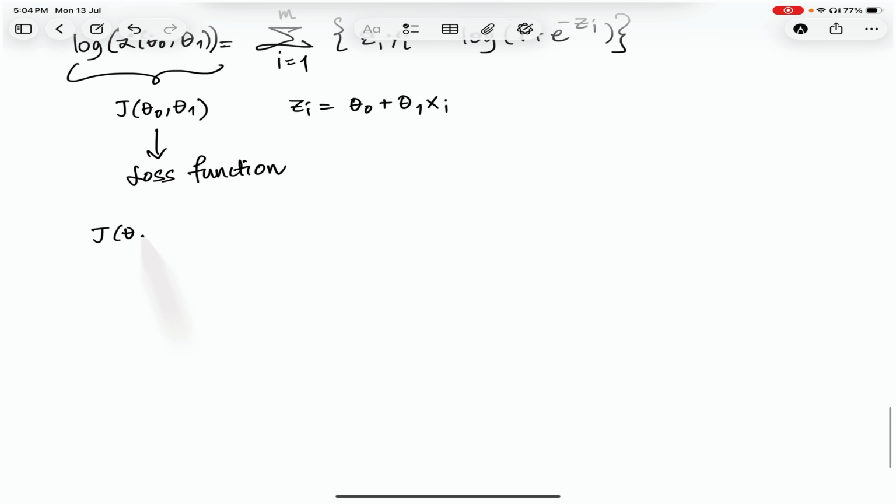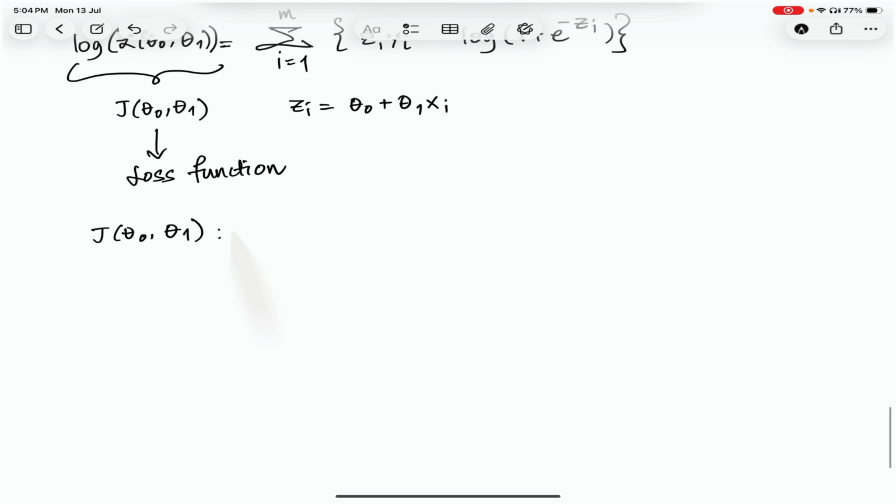So j of theta 0, theta 1 is defined as summation i through m of yi times theta 0 plus theta 1 xi minus log of 1 plus exponential negative theta 0 plus theta 1 xi.